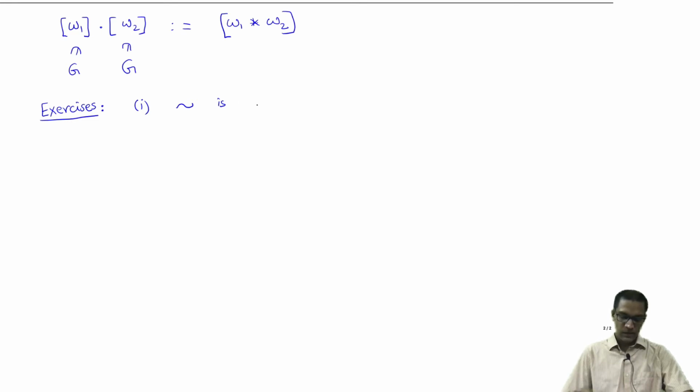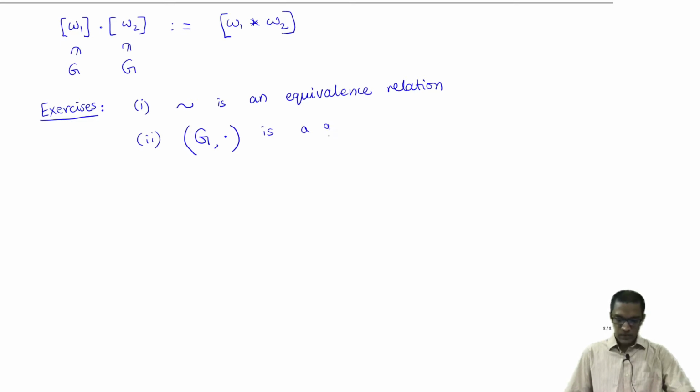Two, show that under this product that I just defined, G with this product is a group. In other words, the product is associative, it has an identity, and most importantly it has inverses.